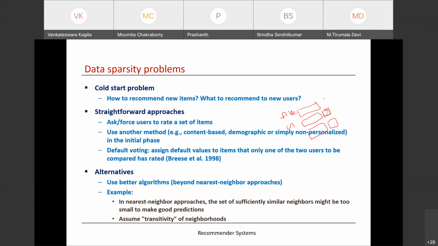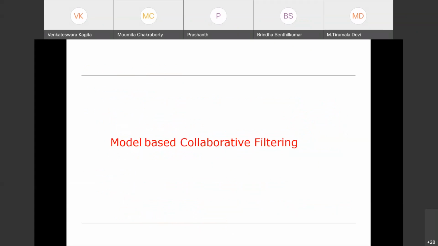If Alice is similar to user 1 and user 1 is similar to user 2, you make the prediction for user 1 based on user 2's ratings. Once you get this rating, you use it to make the prediction for Alice. This is how you can assume the transitivity of the neighborhood and make the prediction. This is another way of handling the cold start problem.